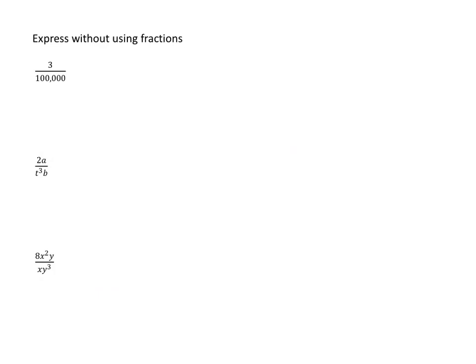With this, we're actually going backwards. We're going to express this without using fractions. So the first one would be 3 times 1 over 100,000. So that becomes 3 times 1 over 10 to the 5th power.